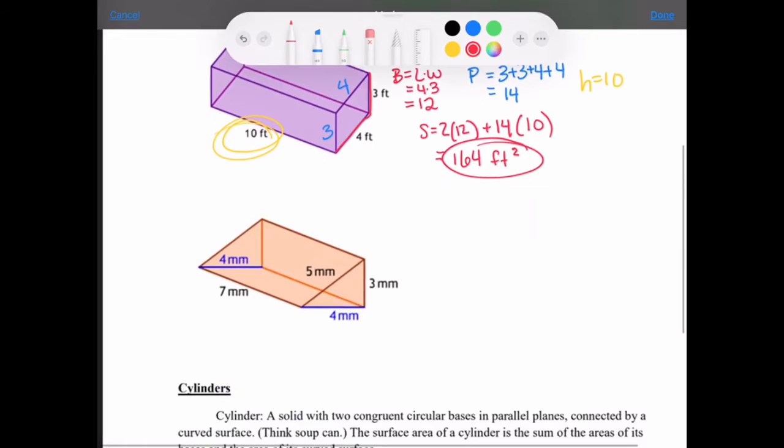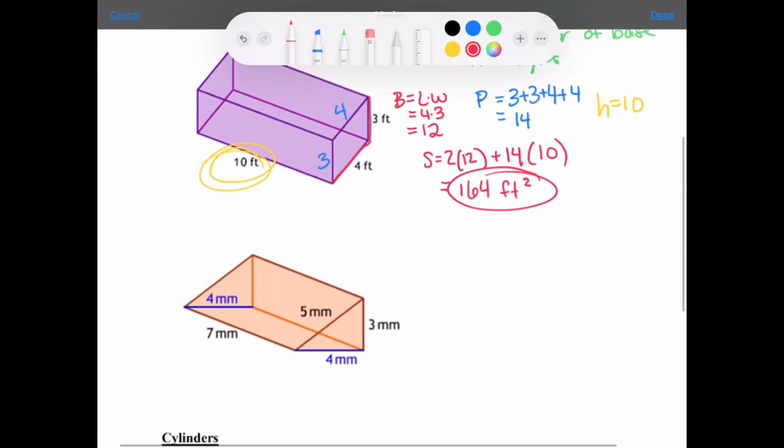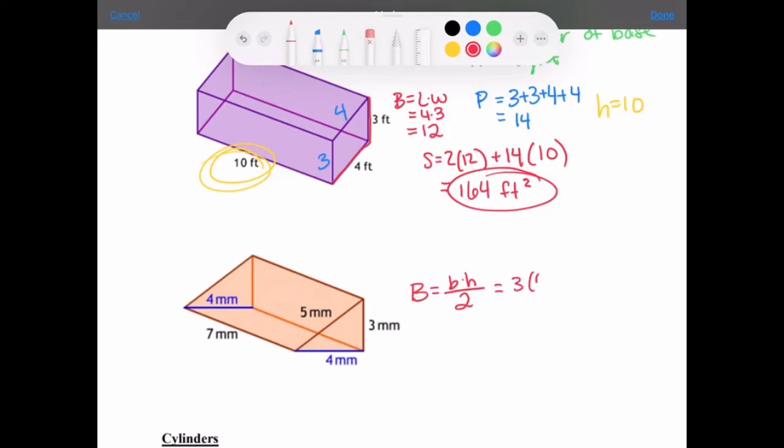Moving on, let's look at this triangular one. Let's start with base. Remember, it's base area, so here it's going to be base times height divided by 2. So it'll be 3 times 4 divided by 2, which is 6. And then our height is 7.